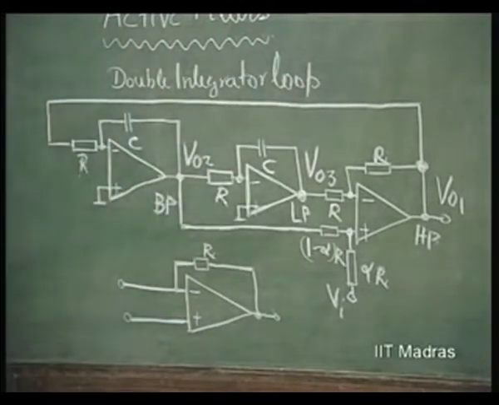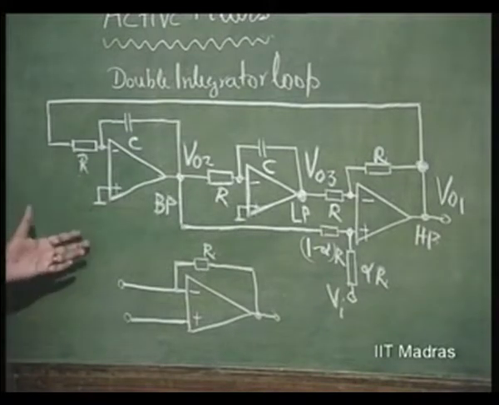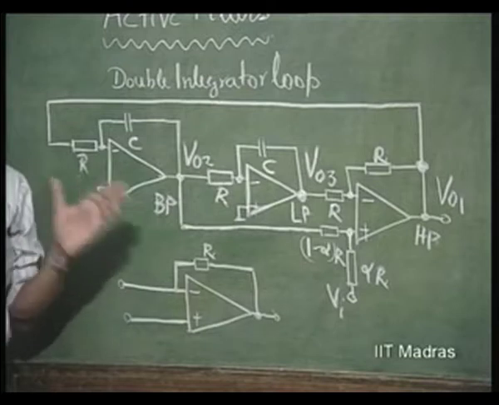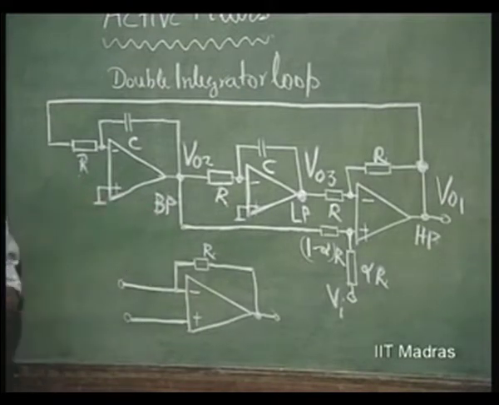These 2 integrators are in a loop, and the whole thing is available as an IC, so that you can synthesize any second order transfer function which is stable. That means the poles of the system can lie anywhere on the left half plane of the S domain, and zeros can lie anywhere.